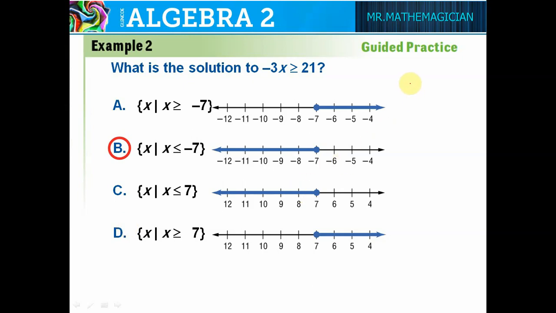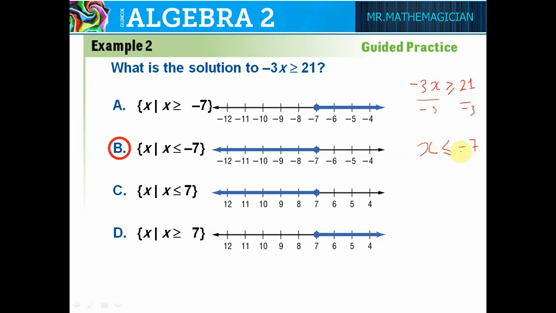This is the original inequality. Negative 3x is bigger than or equal to 21. Now I need to divide both sides by negative 3. So this becomes x. The direction of the inequality changes, smaller than or equal to negative 7.